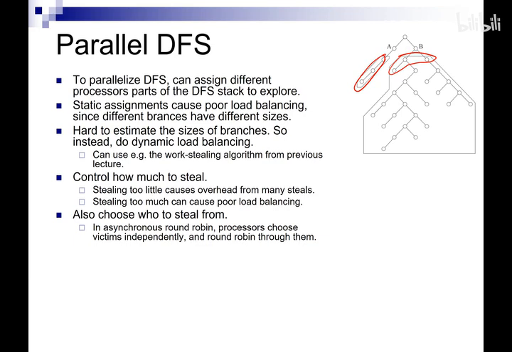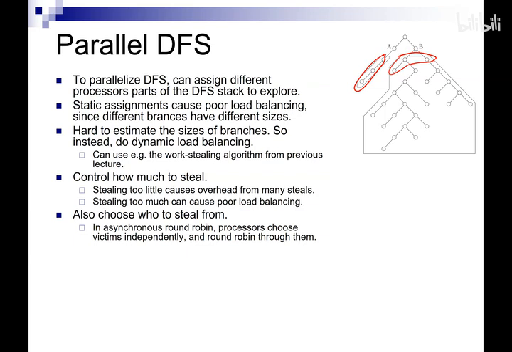So for example, there's one method called asynchronous round robin. Now the node that you steal from, let's call this guy the victim. In asynchronous round robin, each processor is going to choose its victim independently.